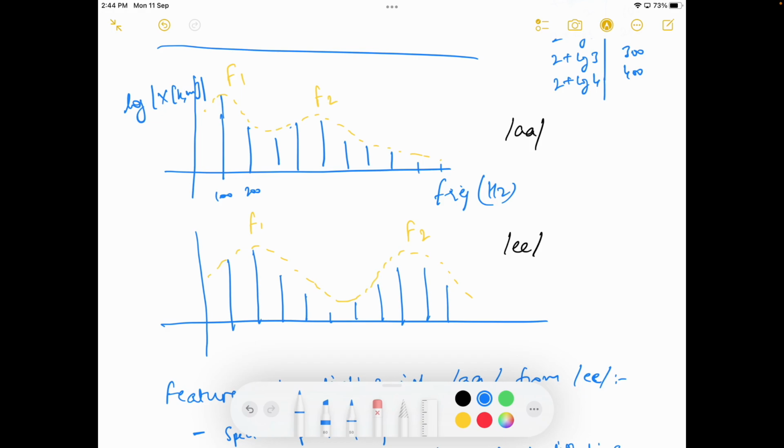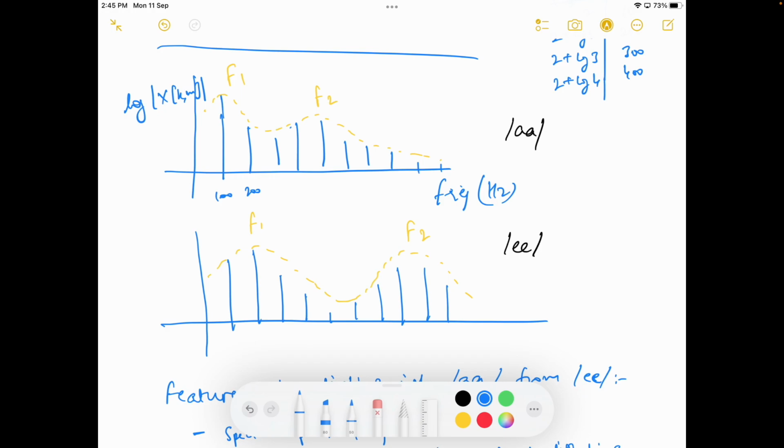It has a Fourier transform with low frequency components and high frequency components. What are the high frequency components of the DFT of this mod x or the log of mod x, whatever? The DFT of this, what will be the high frequency components?